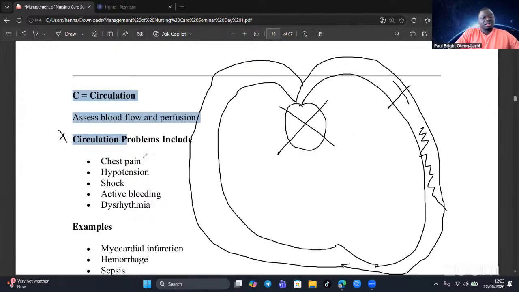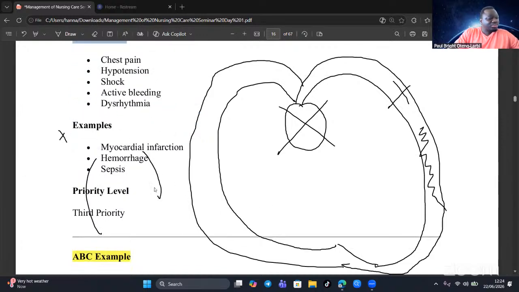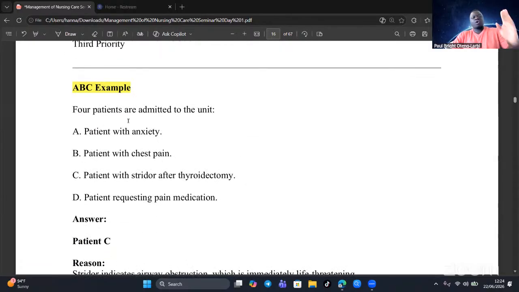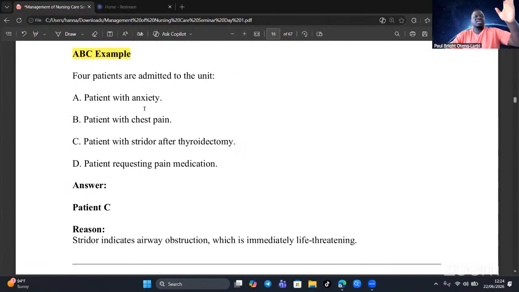Okay, so a patient will come with plenty of problems, and we have medical conditions over here. This will become what? A third priority. Okay, so let's go down. For patients admitted to the unit, one is having what? Anxiety.